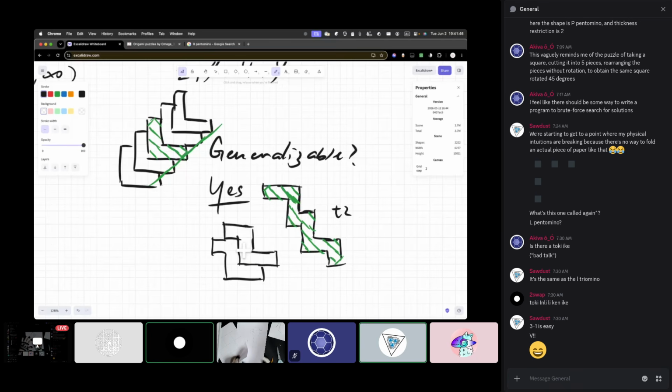Okay. I'm pretty sure there are infinitely many tessellations. Can you remind me if the other tessellation that we saw had one chirality, or did it have reflections of the pentomino?